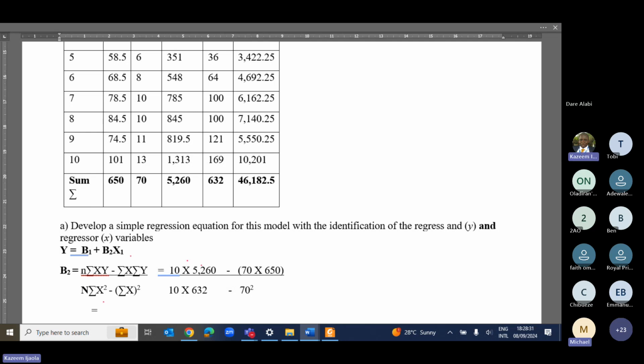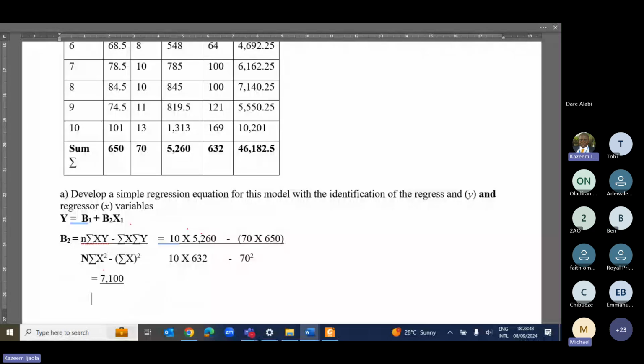Then the denominator is 1420. So what is our B? Our beta 2 is 5, direct.